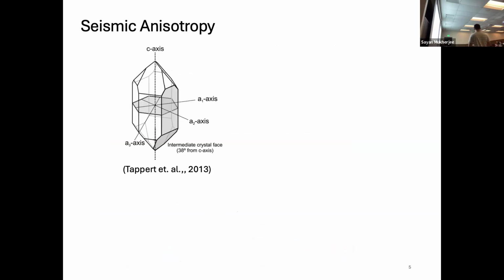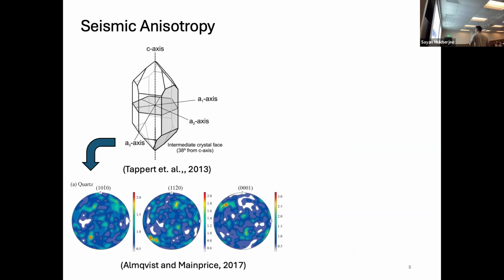Next, looking further into seismic anisotropy, we can find some sources that contribute. First, it's the mineral itself. Most rock-forming minerals are seismically anisotropic. This shows you the crystal structure of a mineral.